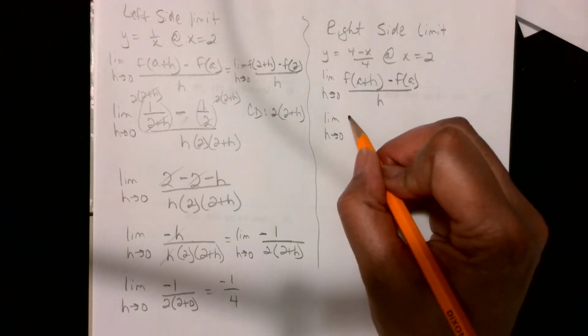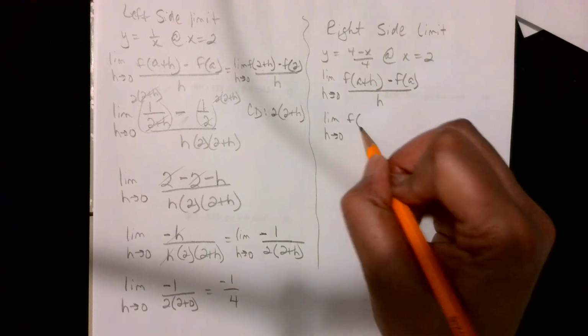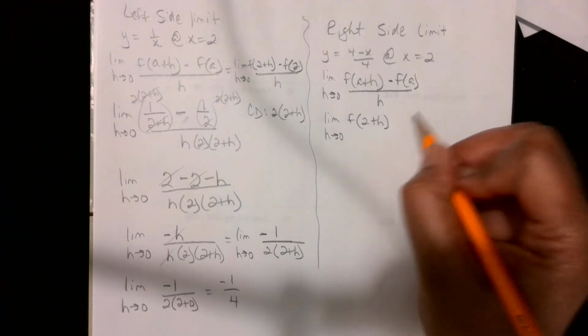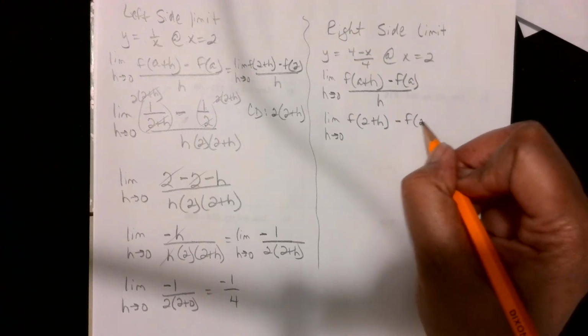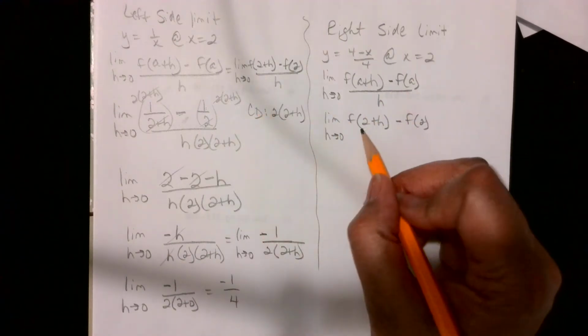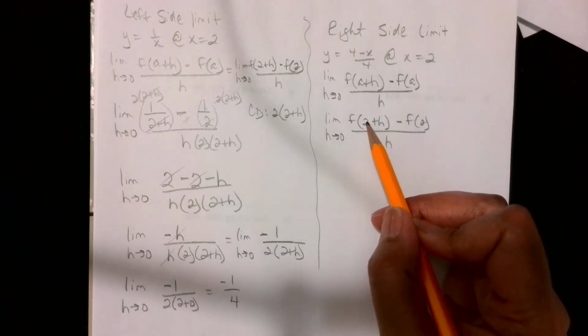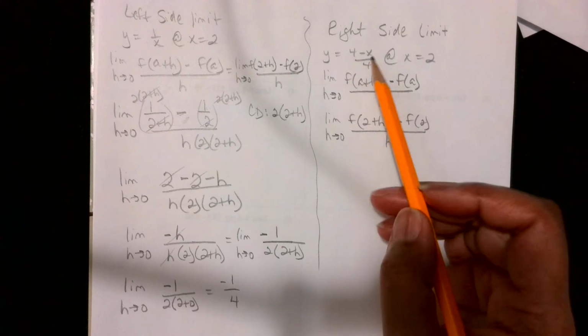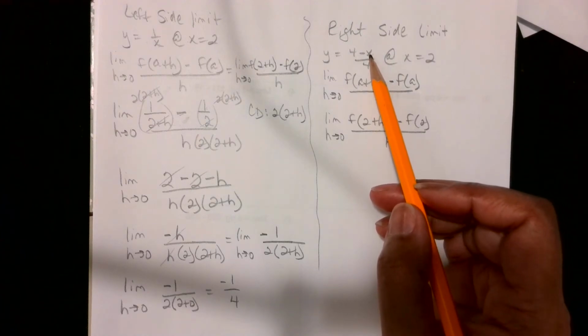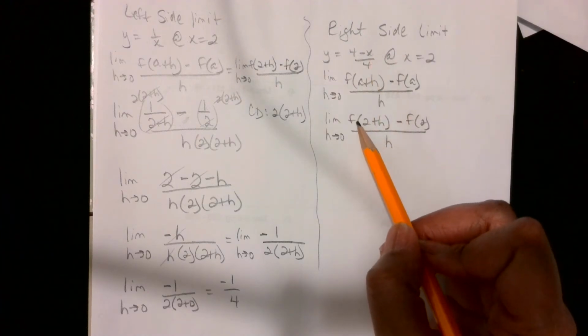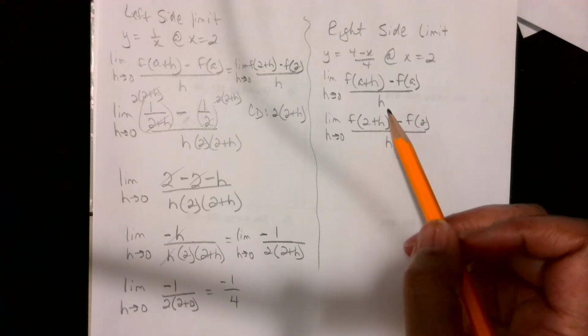Alright, so this would be f of 2 plus h minus f of 2. So everything's the same so far. But now when we plug in this f, when we plug in 2 plus h, we're plugging it here. Because this means everywhere you see an x, put 2 plus h.